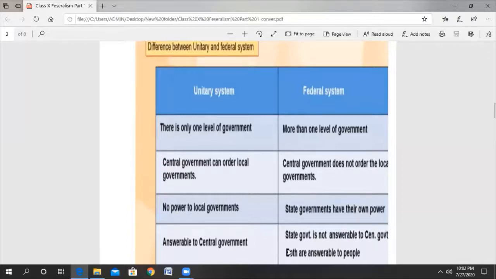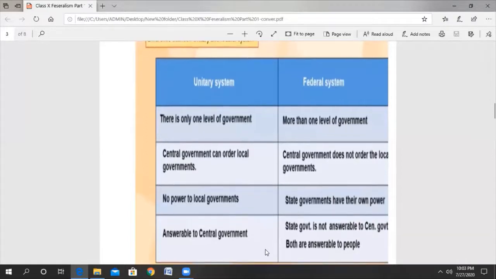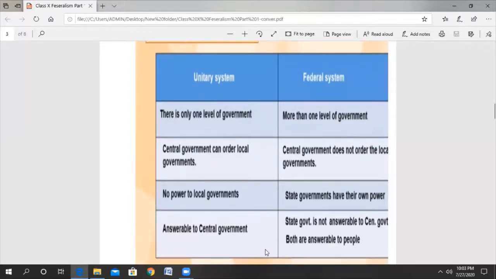Now the last point related to the unitary system and federal system. In the unitary government, the state is answerable to the central government. In the unitary form of government, the state governments play only a subordinate role and they are answerable to the central government.